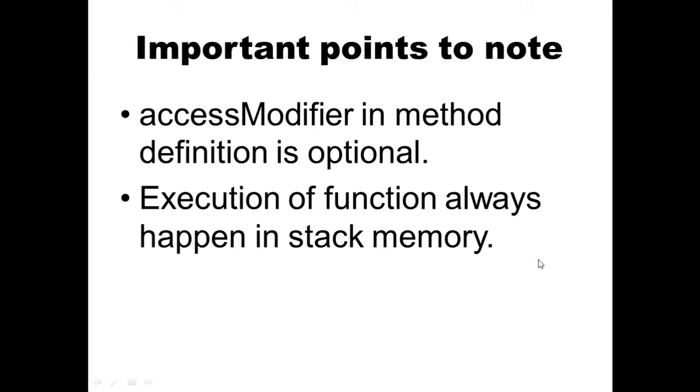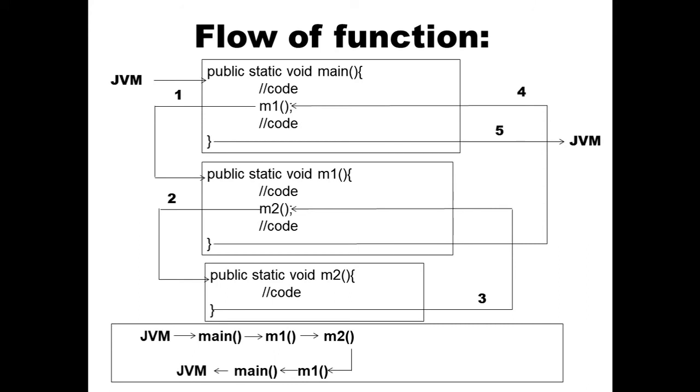So see here, for the flow of the function you will get clarity. The JVM will call the main method. From the main method we are calling m1, so it will go to the m1 definition directly. From there some lines of code run, then we are calling m2.